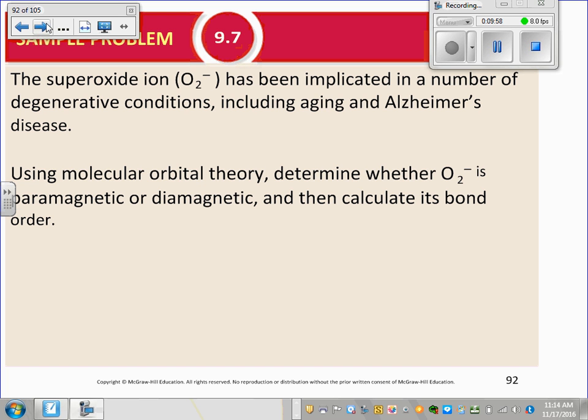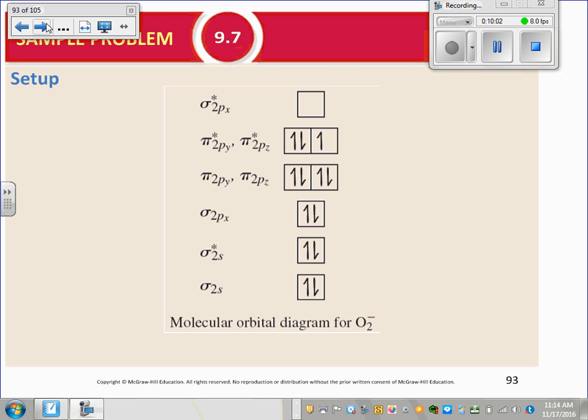So there's the setup. Put in the 13 electrons. What's its bond order?